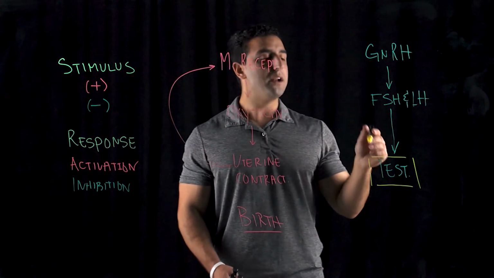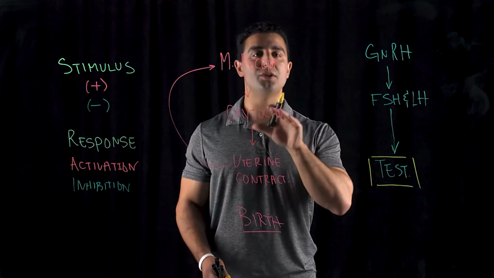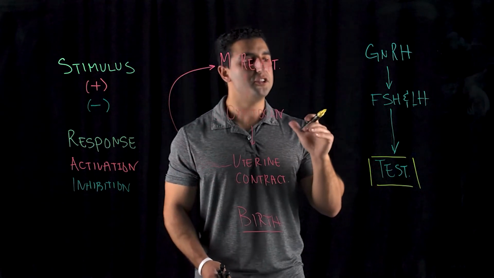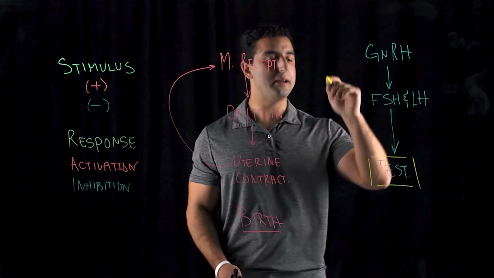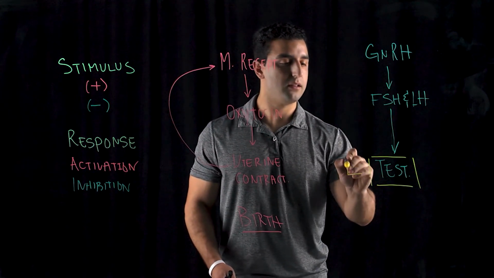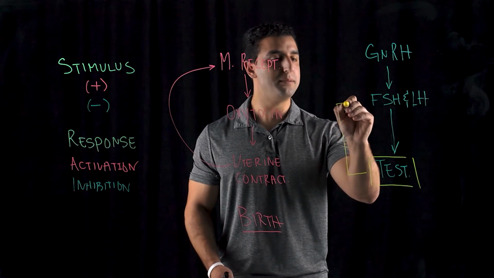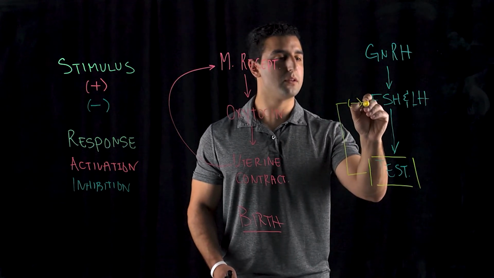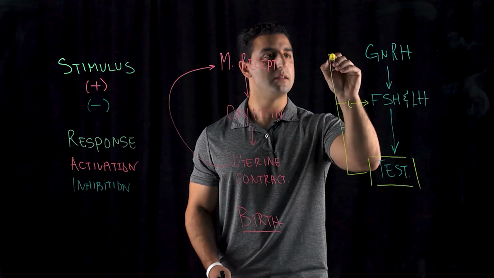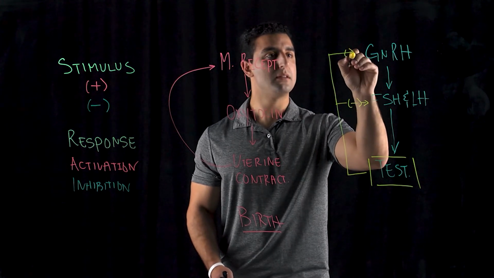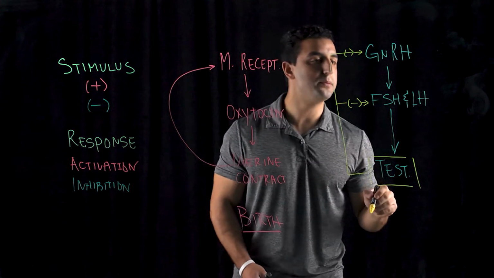However, whenever testosterone passes a certain threshold, and the concentration of testosterone is very high, this causes an inhibition to the hypothalamus and the anterior pituitary, right?